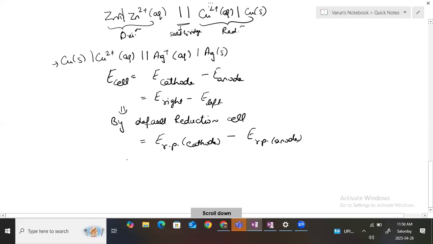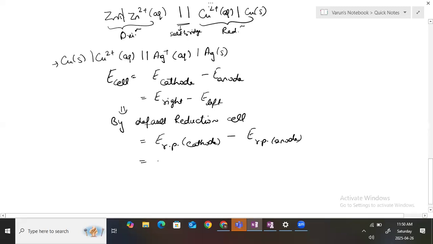What if I am given the oxidation potential, and how do I calculate? To convert oxidation potential to reduction potential, if oxidation potential is given, then we simply place a negative sign.